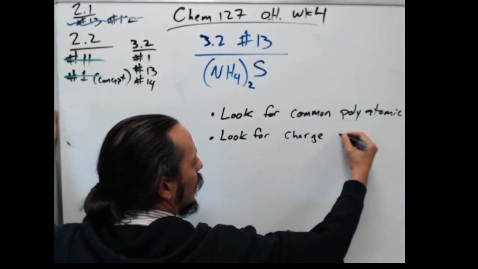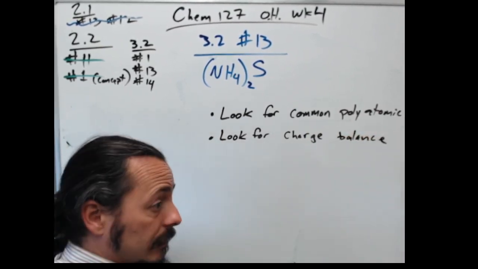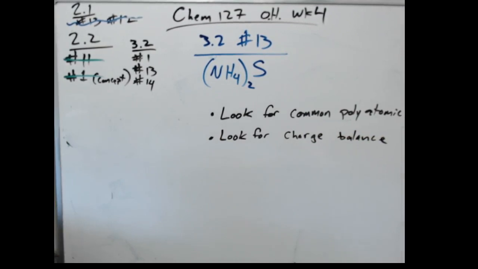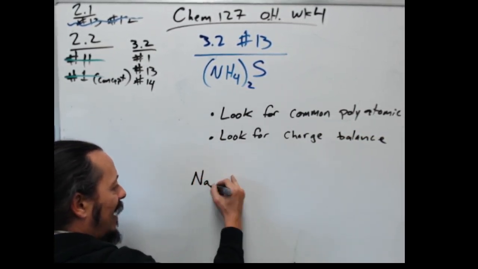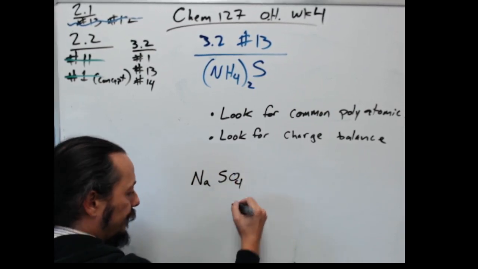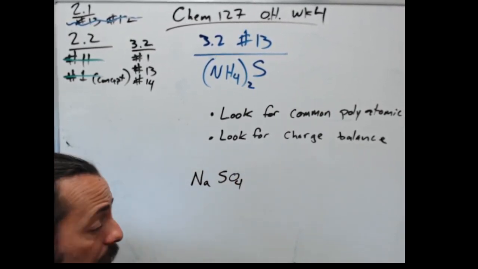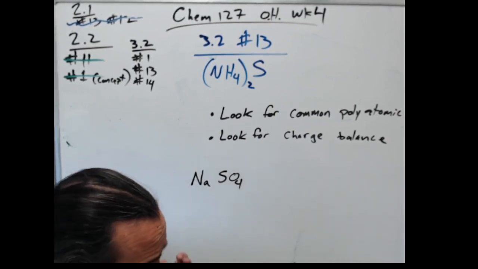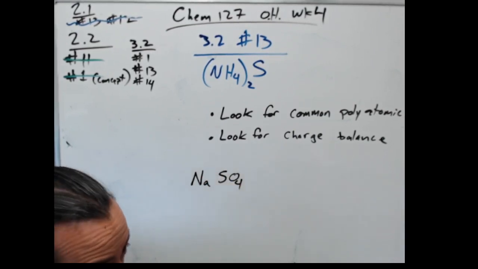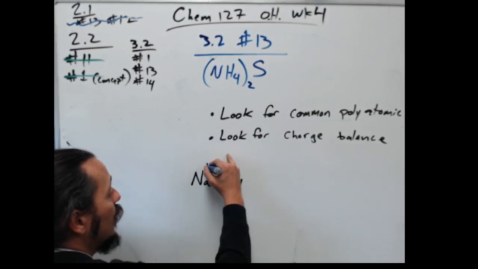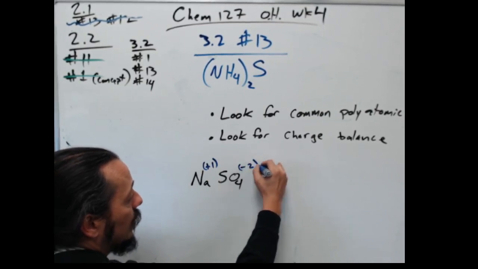The other thing that's going to be really important, which is what we just ran into, is look for charge balance. So when we look at sodium sulfate, you had it written down as NaSO4. The problem is, sodium, when we look at ionization energy, electron affinity, how it exists in the natural world because of its electronegativity, sodium is typically a +1, sulfate is typically a -2.